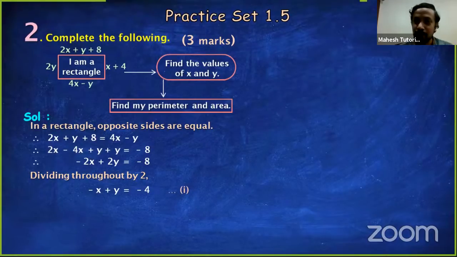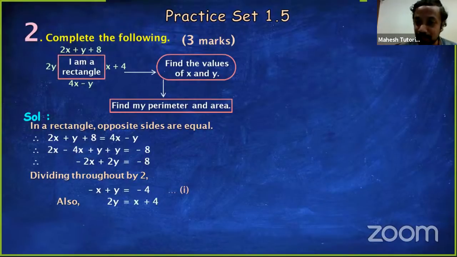I hope so. For the formation of the first equation, we had considered that the opposite sides of the rectangle are equal. That is, the lengths of the rectangle are equal. Similarly, students, considering the breadth, opposite sides are equal. So in that case, I can also say that the two breadths are equal. So if they are equal, students, this 2y will become equal to x plus 4. And with the help of this statement, I'll frame the second equation, students.